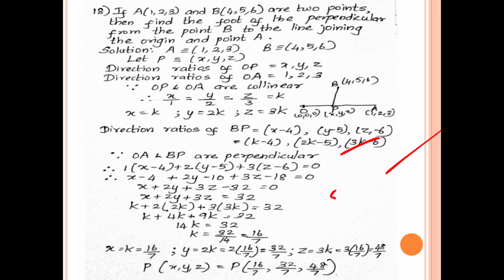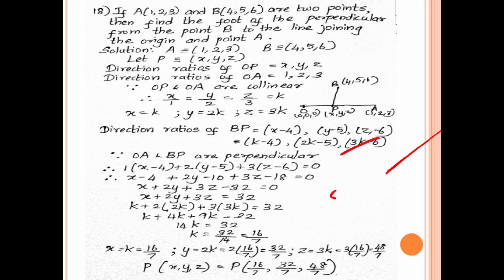Therefore, x minus 4 plus 2y minus 10 plus 3z minus 18 is equal to 0. Therefore, x plus 2y plus 3z minus 32 is equal to 0. Therefore, x plus 2y plus 3z is equal to 32. Therefore, k plus 2 into 2k plus 3 into 3k is equal to 32. Therefore, 14k is equal to 32. Therefore, k is equal to 32 upon 14, which is equal to 16 upon 7.